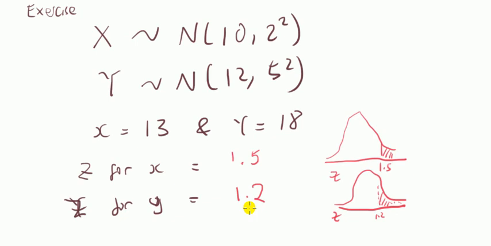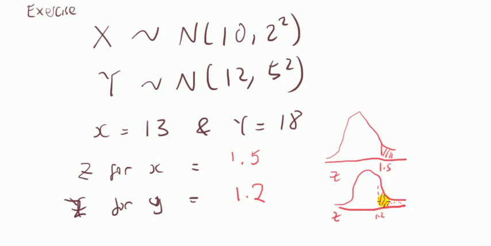So compared to the rest of the population, which one has this person done better in, x or y? The x score of 13 has a z-score of 1.5, and you can see that the z-score for y is 1.2.